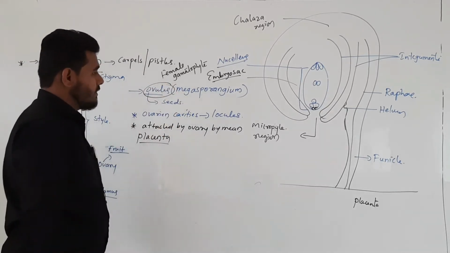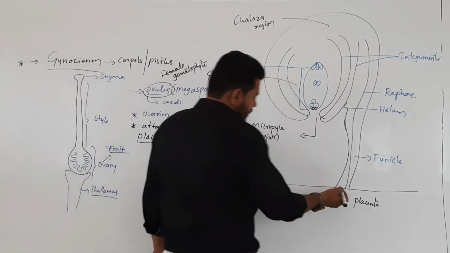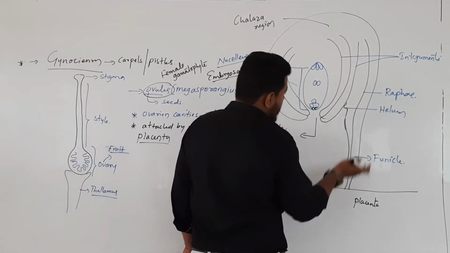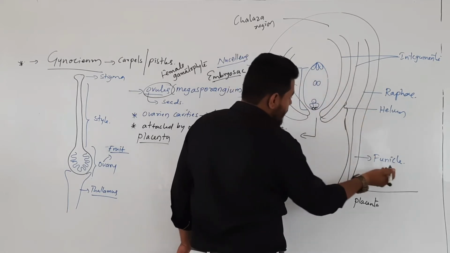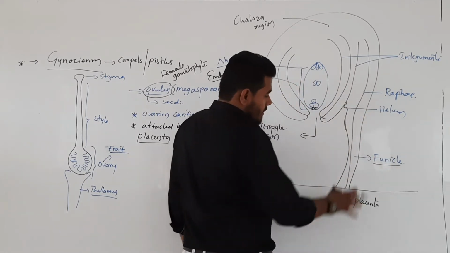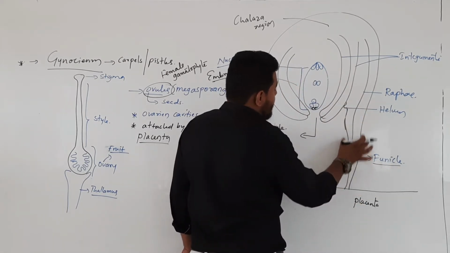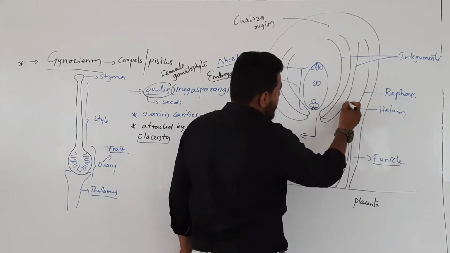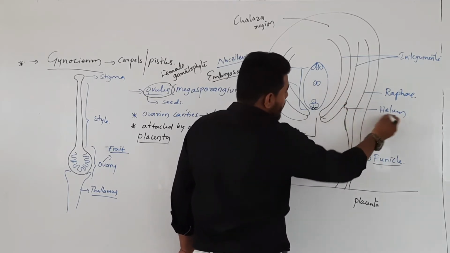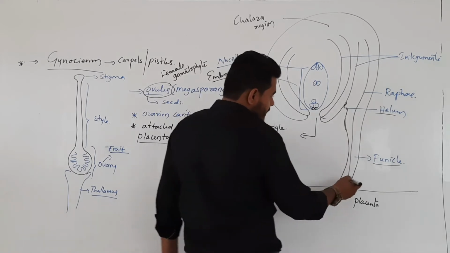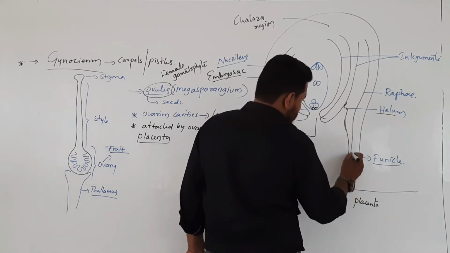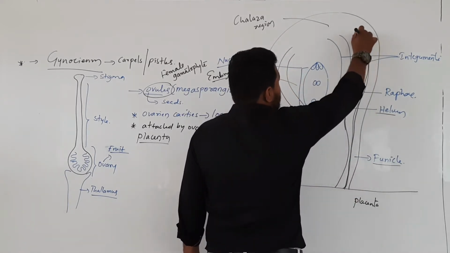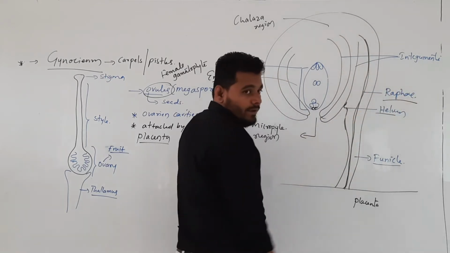Okay, so this is a simple diagram of a particular ovule or megasporangium. The placenta is attached to the ovule by means of funicle. This stalk-like structure attaches the ovule at a marginal ridge called hilum. Inside this funicle there is a straight ridge which connects with the ovule. It's called raphe.